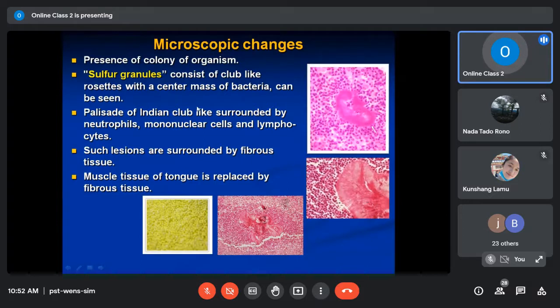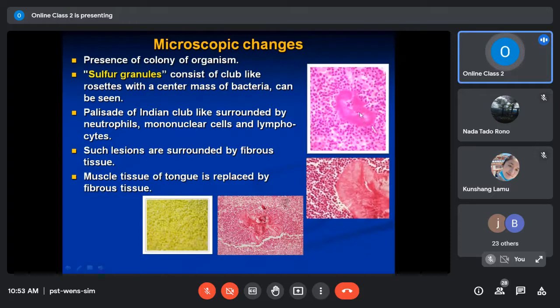These are known as club-like rosettes. And in the center, of course, there is the presence of the bacterial organism Actinobacillus lignieresii.